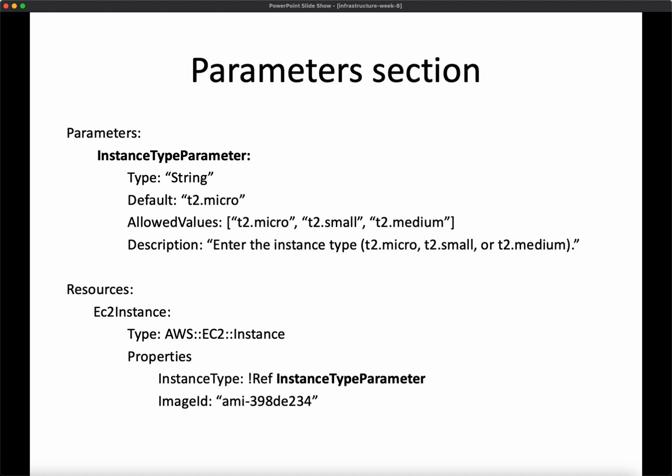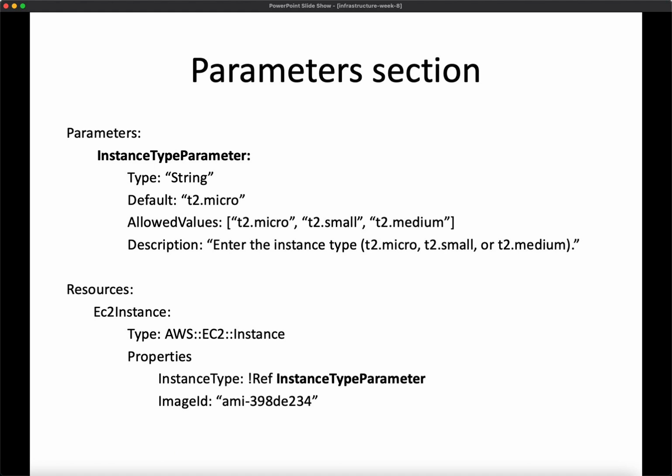Here's an example of a parameter. This parameter is called InstanceTypeParameter. That's the logical name. And the parameter is a string parameter, so you see the type is String. It's got a default value. If a person doesn't provide a value for this input parameter, then CloudFormation will default to the t2.micro value for the parameter.